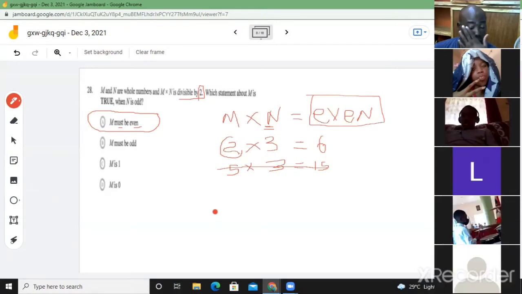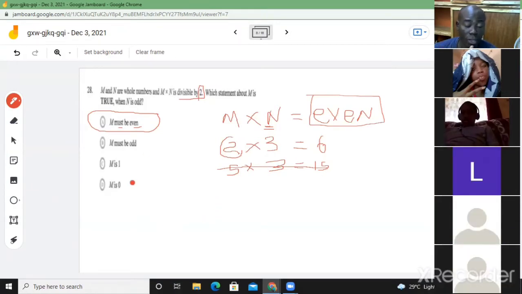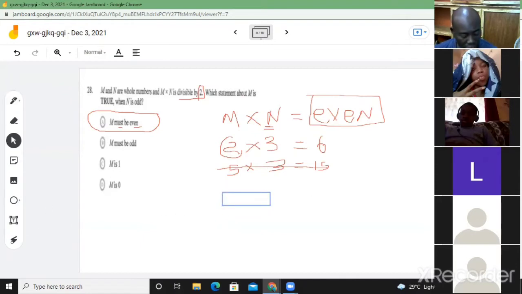If you want me to try more numbers, you want us to try like 5 even numbers with an odd number at the back and see? Okay, sir. If you want us to try, watch. Say you're trying 4 and the odd number is any odd number, 5.